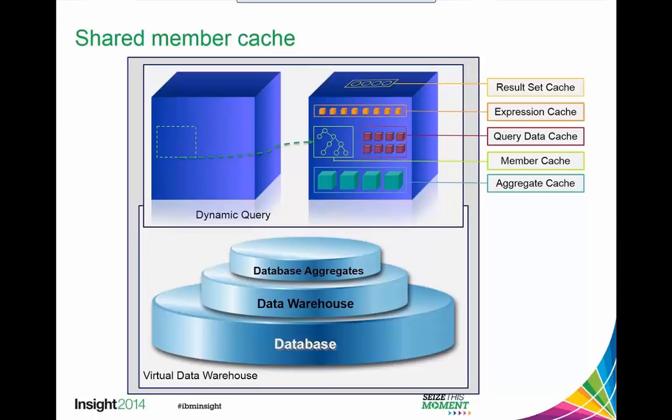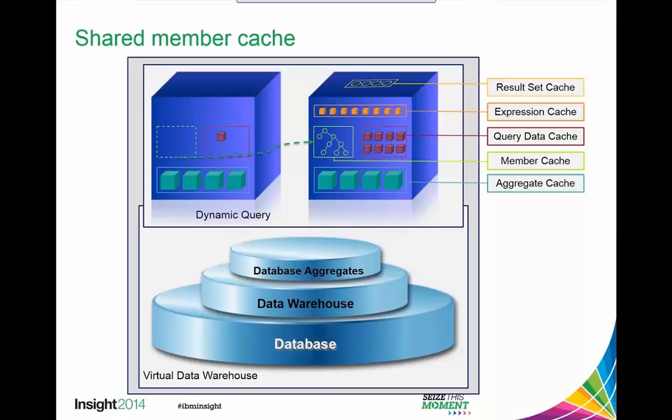In the lab, which I'll show you in a little bit, we will look at the historic sales and recent sales cubes from last year's hands-on lab, because those 2 cubes had the exact same dimensions and they're perfect candidates to be shared. Okay, so that's the shared member cache topic.